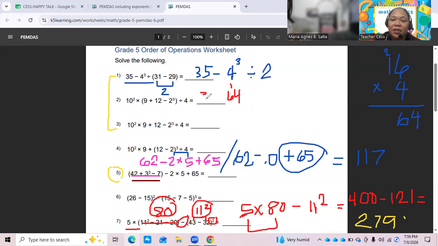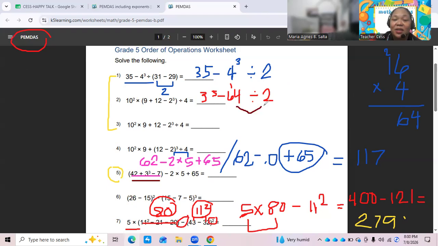What is the remaining operation? 35, subtraction, and 2, division. What are you going to do next? Subtraction or division? Are you sure? Look at the PEMDAS. Which one is first, division or subtraction? Division.